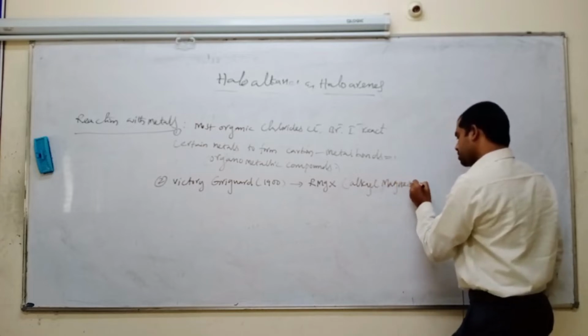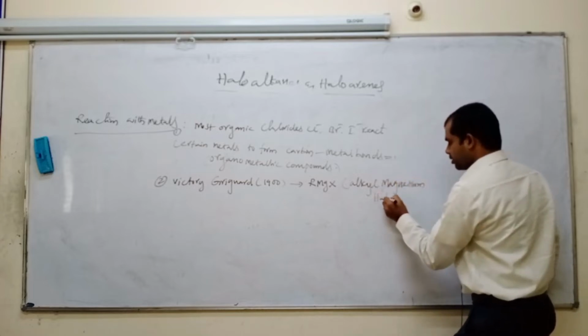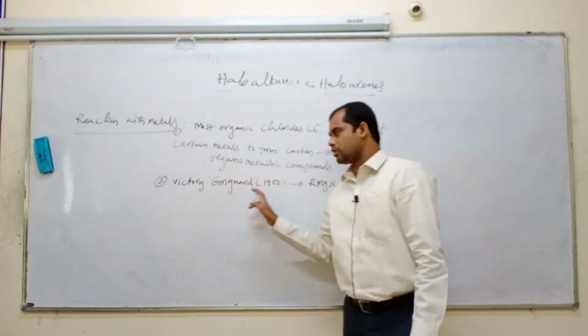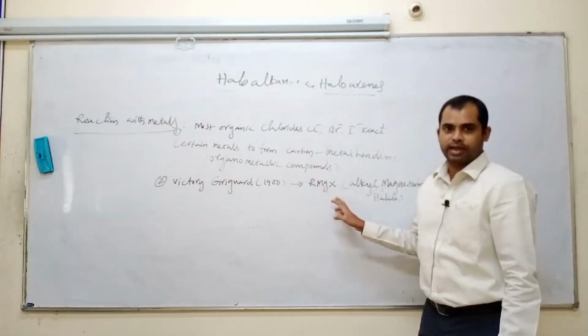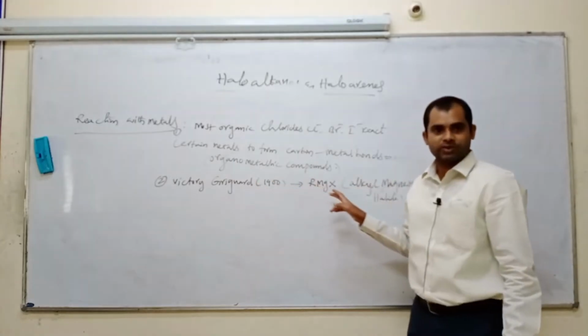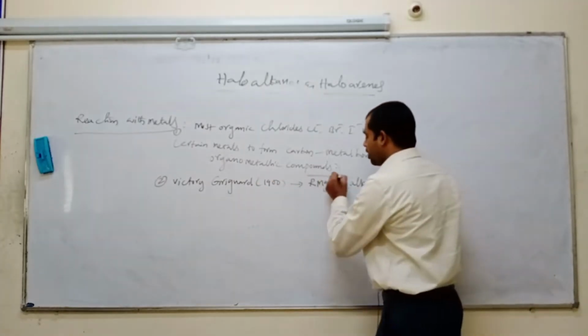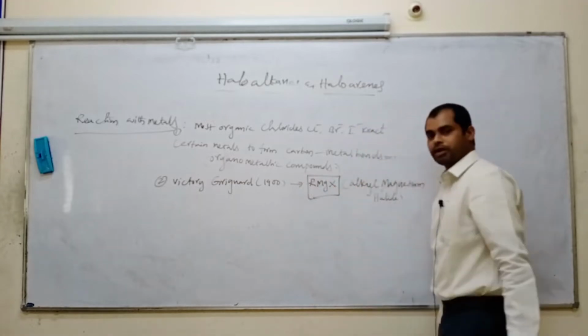Grignard prepared the first alkyl magnesium halide, which is why it is called Grignard reagent. Alkyl magnesium halide is called Grignard reagent.